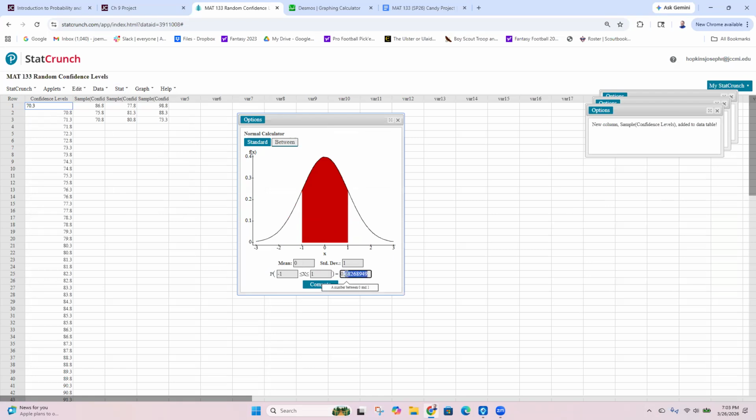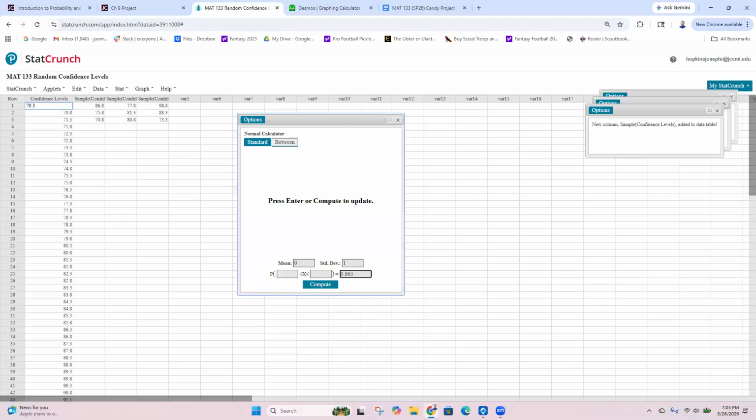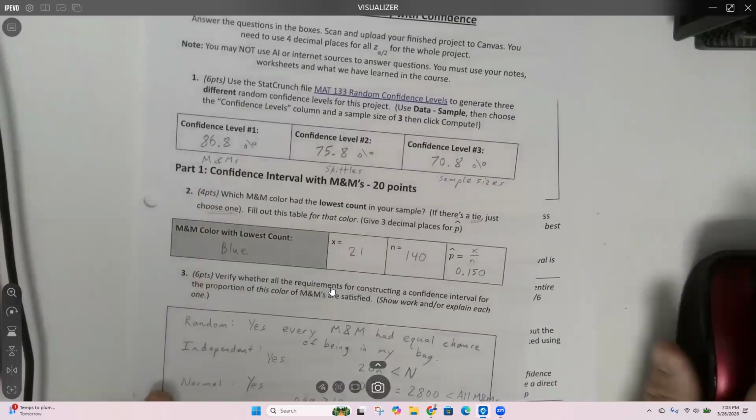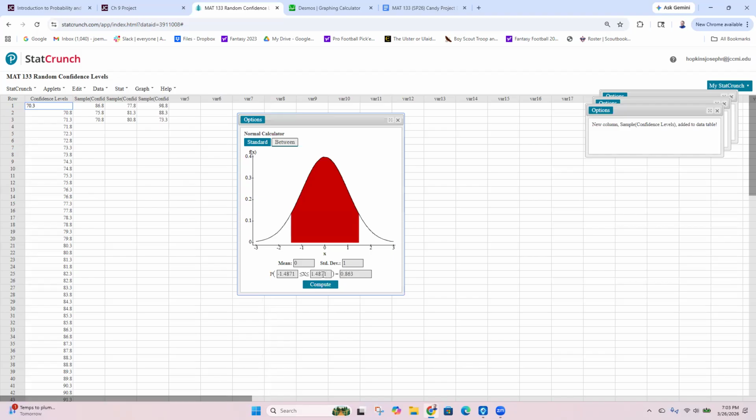I'm going to put in my confidence level. Mine was 86.3%. That was my confidence level for number 1. Yours will be different. Whatever it is, you put that in there, hit compute, and it's going to show you your Z value. My Z alpha over 2 is 1.4871.